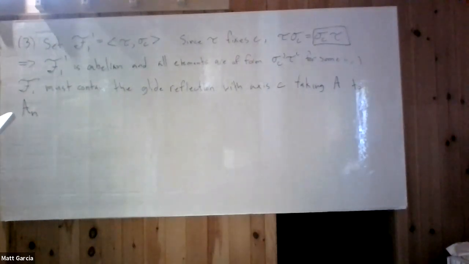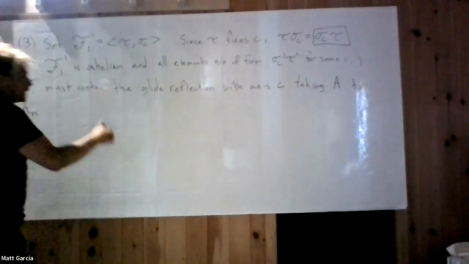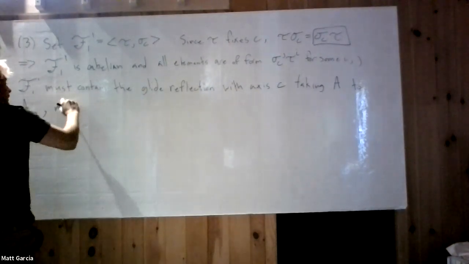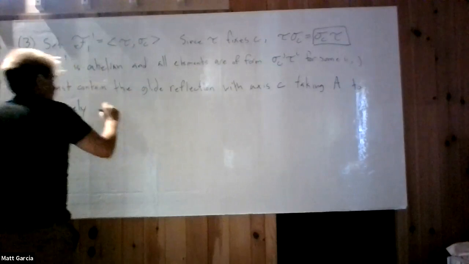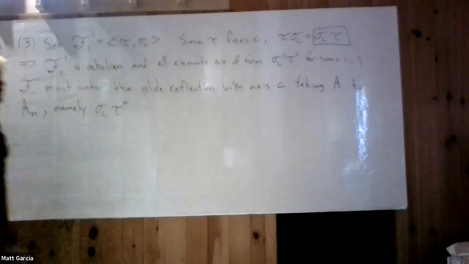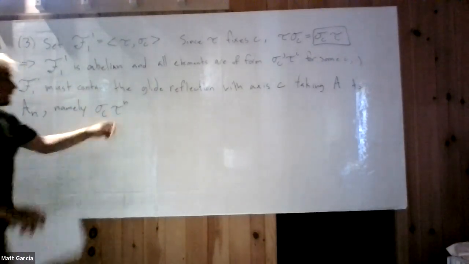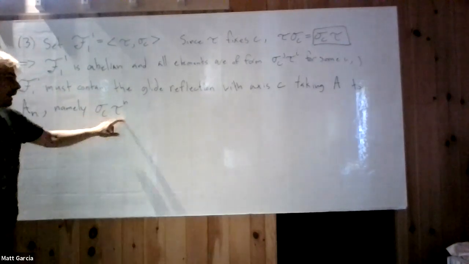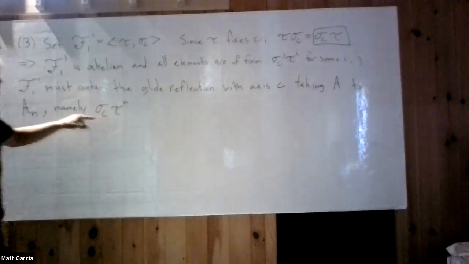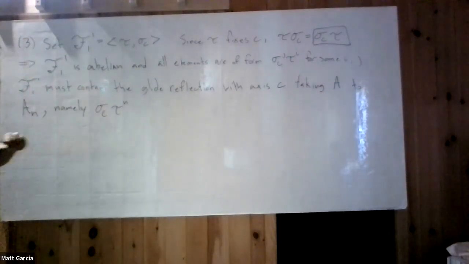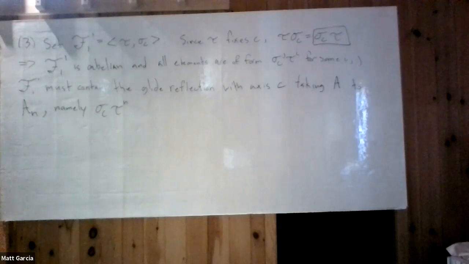So, in other words, this would just be, namely, sigma C tau to the n. Tau to the n takes A to A sub n, and this is a glide reflection which does that. Of course, since A and A sub n are on line C, they're fixed by sigma C.